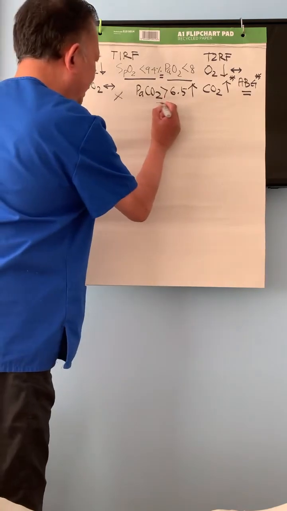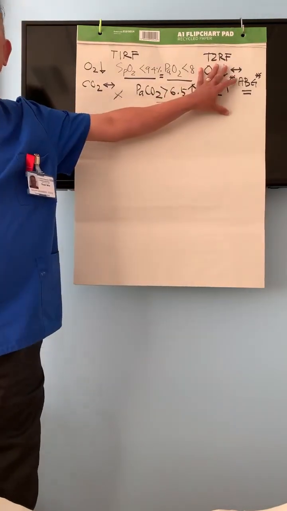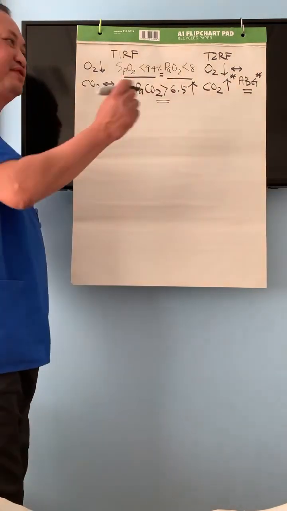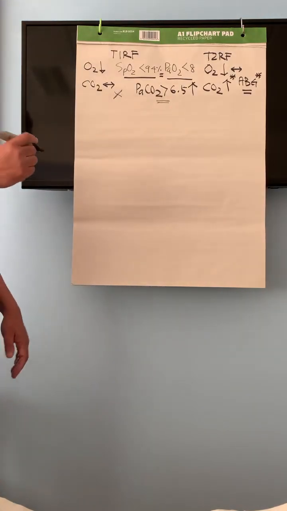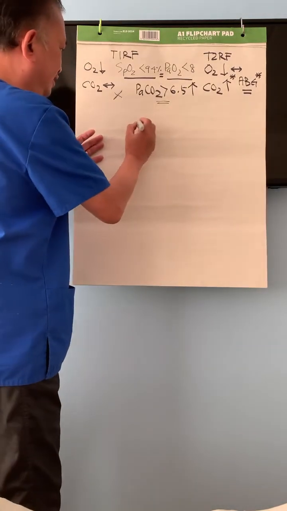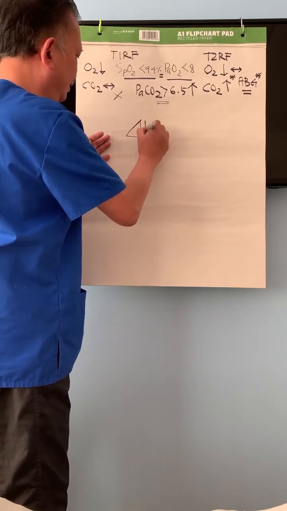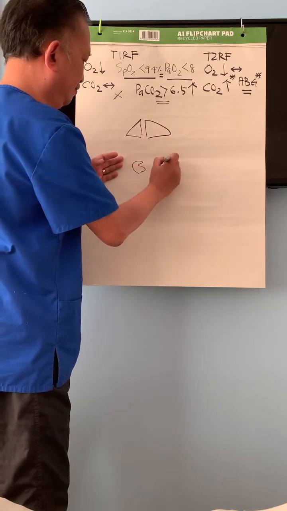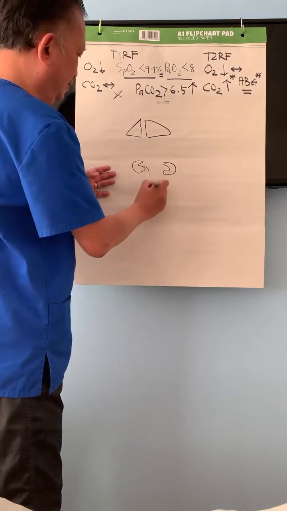So now we go to type 2 respiratory failure. Before going to type 2 respiratory failure, we need to know how our body handles carbon dioxide. This is a lung, this is a kidney, this is a ureter.